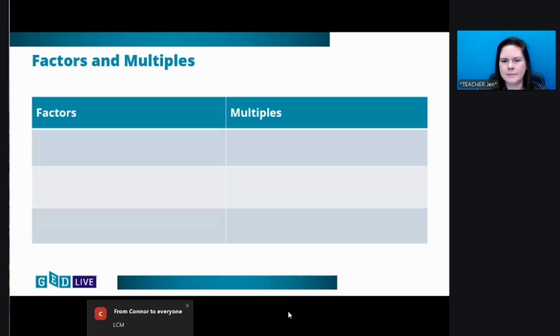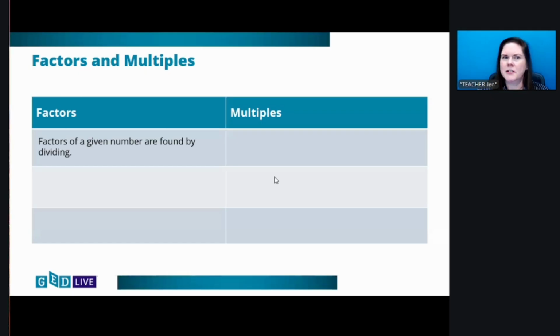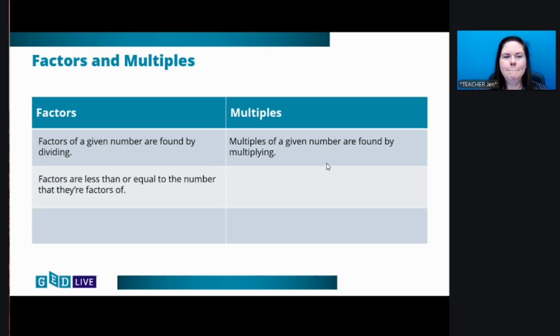Okay, here we go. So factors of a number can be found by dividing, or you could say what numbers multiply together to give us 10, for example. So 2 and 5 we talked about as factors. Multiples can be found by multiplying 2 times 1, 2 times 2, 2 times 3, on to infinity. Factors are less than or equal to the number.